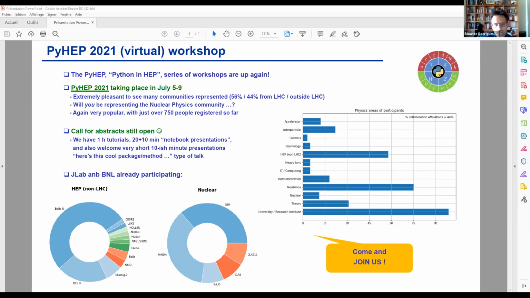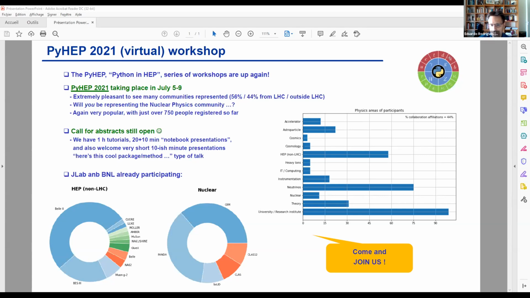There's a few plots here to show that we're having a very nice group of communities represented. Yes, indeed, we have a very large presence from the LHC, not least because we're talking about the huge collaborations. But you see that 45% or so of the people registered so far are not from the LHC.